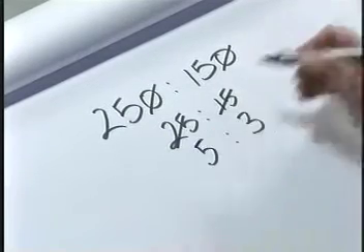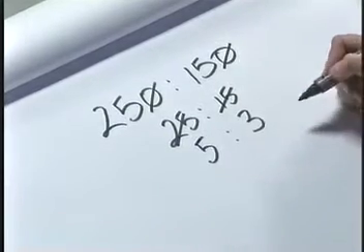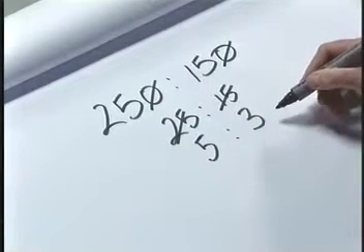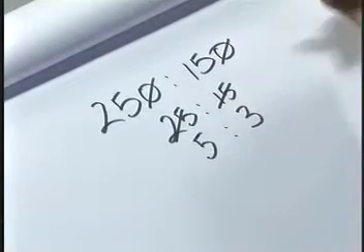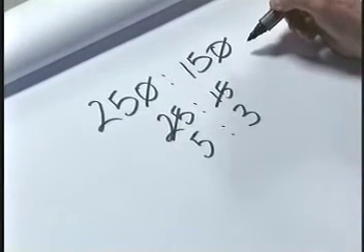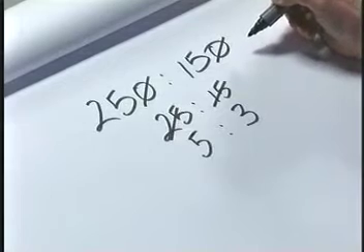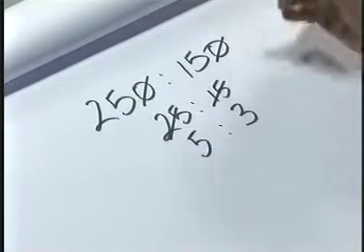We can't divide any more, so this is the simplest form. 5 to 3 is the simplest form of the ratio 250 to 150. But all 3 ratios are equivalent because the relationship of the numbers is exactly the same.